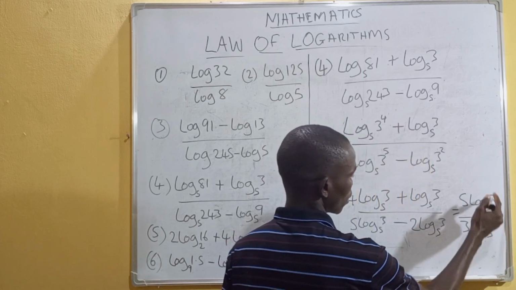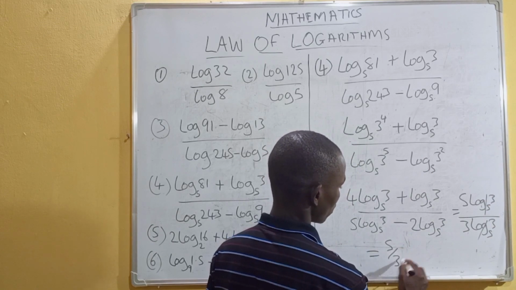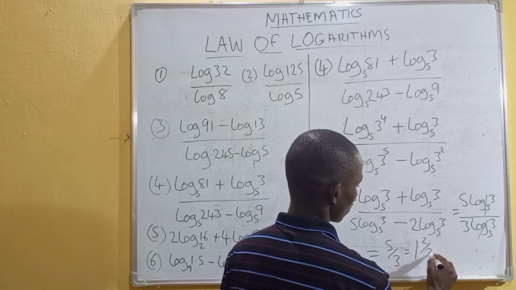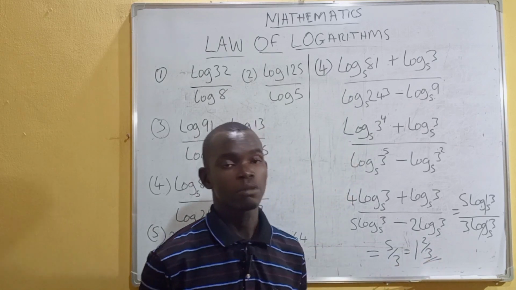So these two are the same, and this will cancel this. Our answer will now be 5 over 3, which is 1 and 2 over 3, is our answer to question 4.